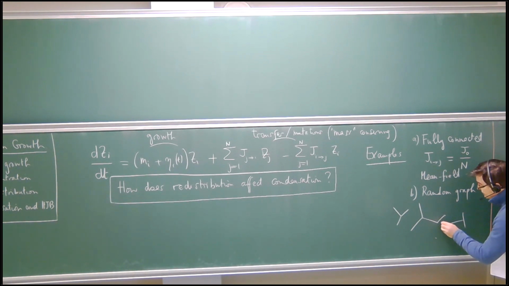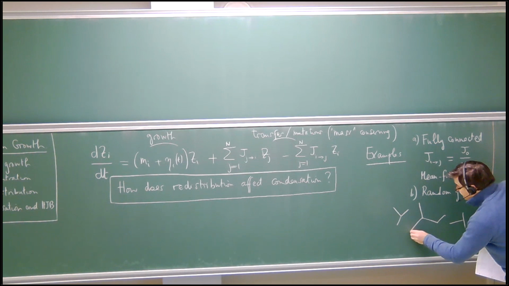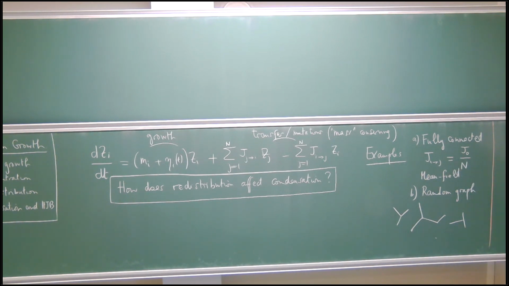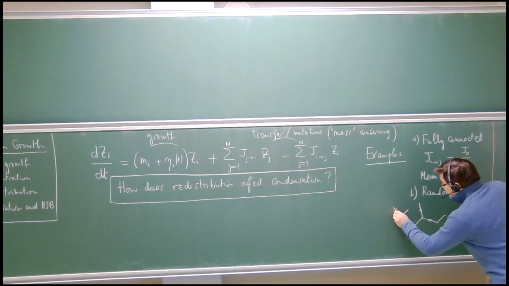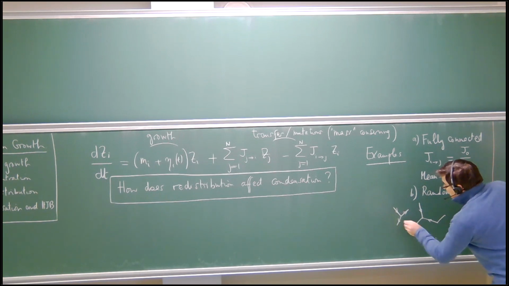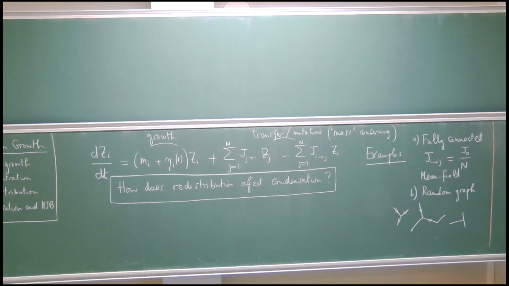So every node is a city, and every link is a link. And in principle, one should also specify a direction, because maybe there are jumps that are possible from i to j and not from j to i. Okay. So that's another case.